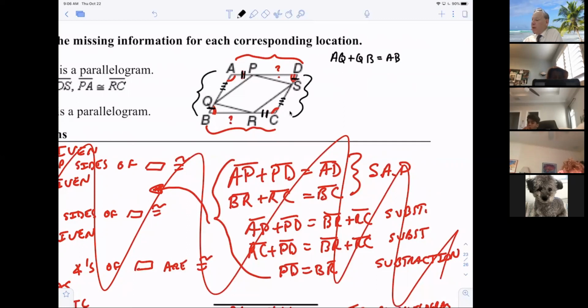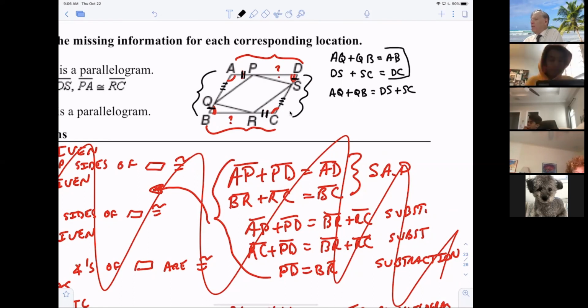And the other side would be DS plus SC equals DC. Does everybody agree that AB is equal to DC? So now we can say AQ plus QB equals DS plus SC, because AB is equal to DC. We already said that because it's a parallelogram.